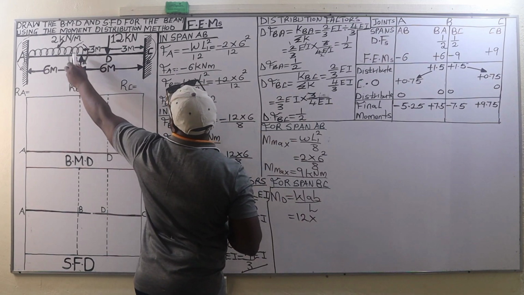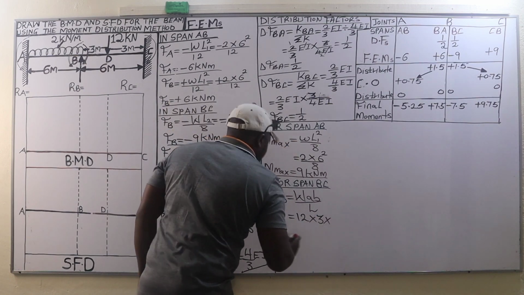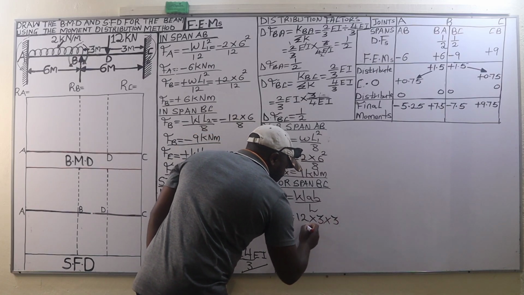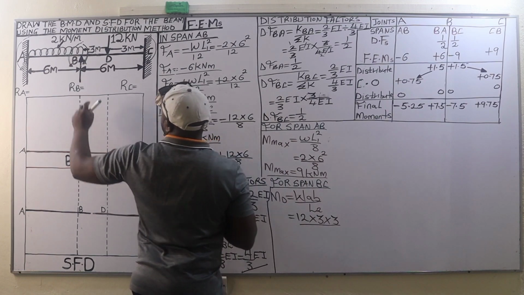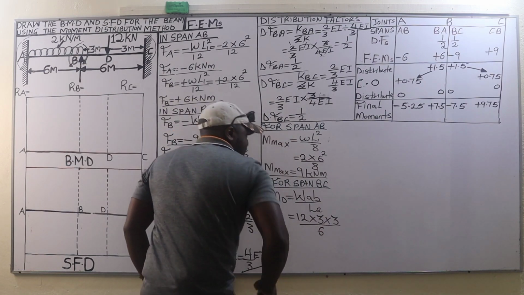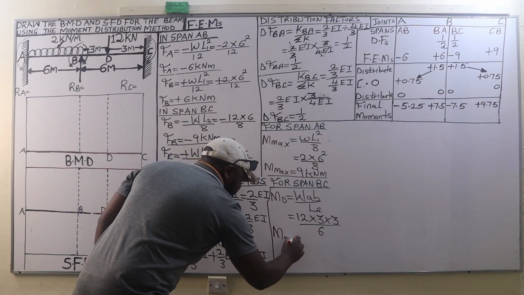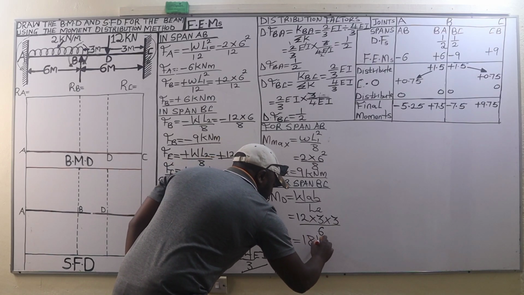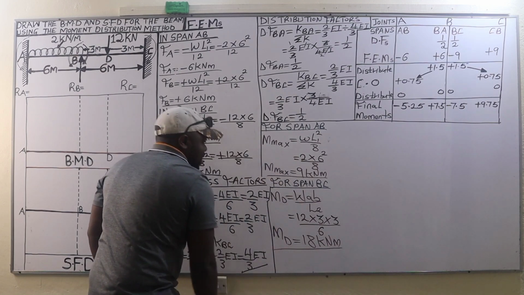A is the distance B to D, which is 3 meters. B is the distance D to C, which is 3 meters as well. And then we divide by L2, which is the span B to C, that is 6 meters. And when we do so, we are going to get a bending moment at D of 18 kilonewtons meter. So that is the bending moment at D.